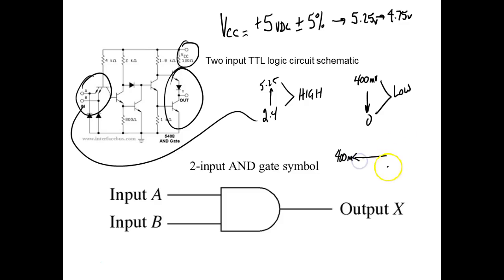This range in between is considered to be illegal. So anything between that range is considered to be illegal.